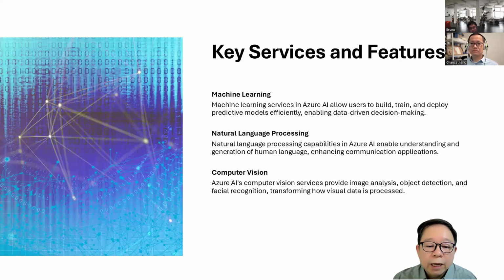Computer vision is a part of AI nowadays, right? So many entrepreneurs incorporate computer vision capability in their business. So the AI computer vision services provide image analysis. You can analyze different data.